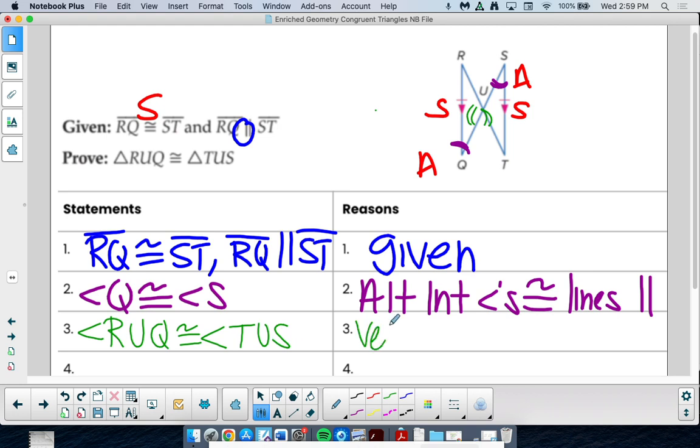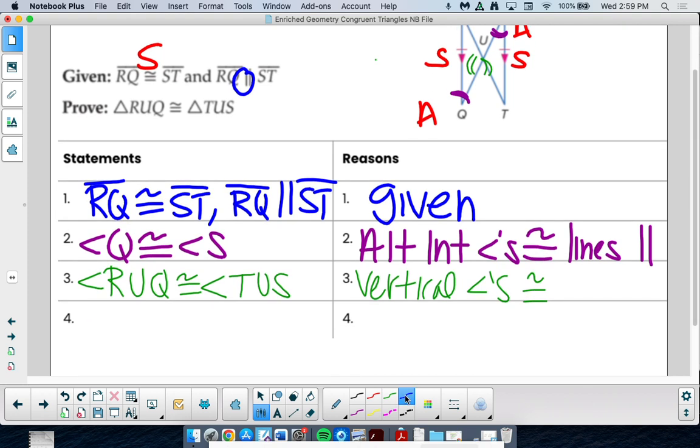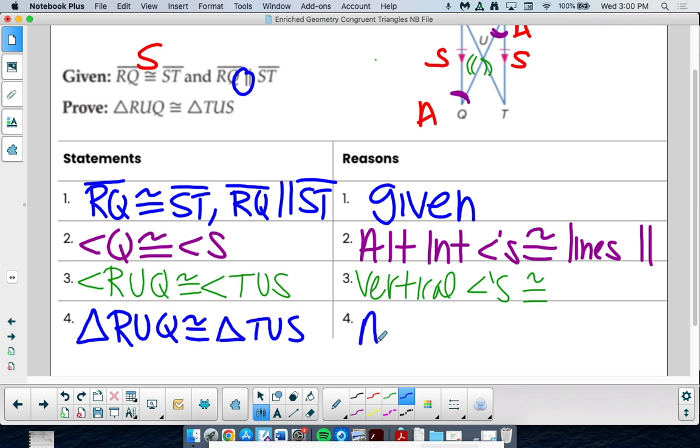And you're going to write vertical angles congruent. So now finally we can say triangle RUQ is congruent to triangle TUS by angle, angle, side.